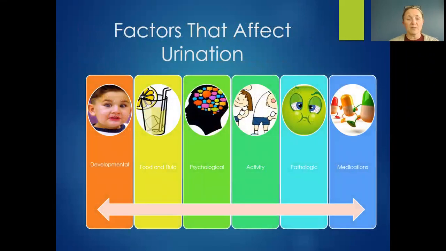So let's talk about some factors that affect urination. There are developmental changes that will impact urination, and we're going to talk about those in later slides. Food and fluid. When your body is dehydrated, your kidneys are going to reabsorb more fluid to hold on to more fluid.